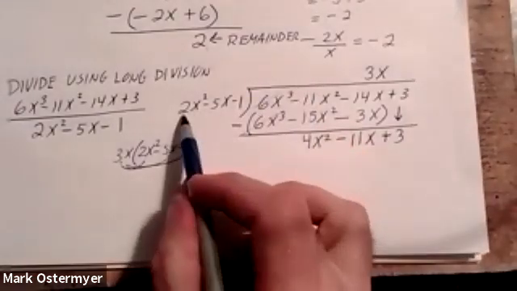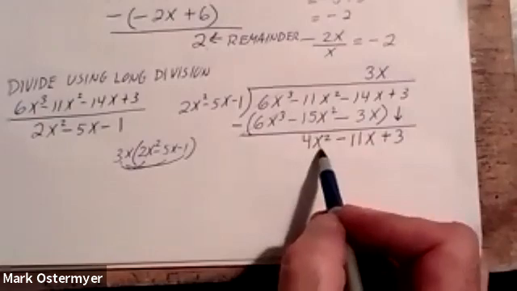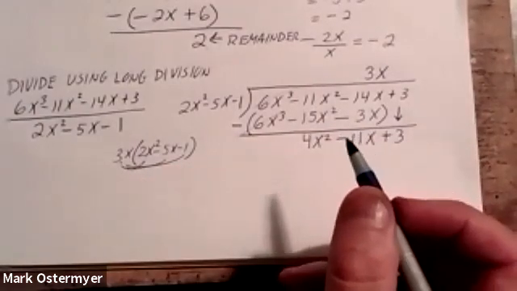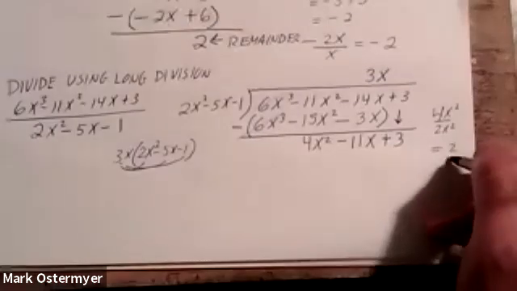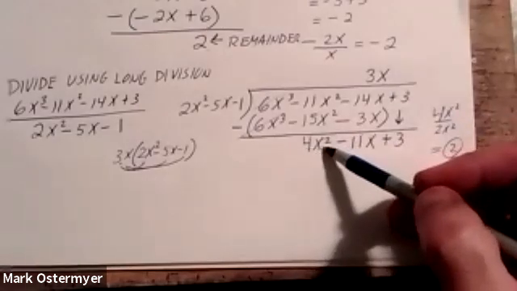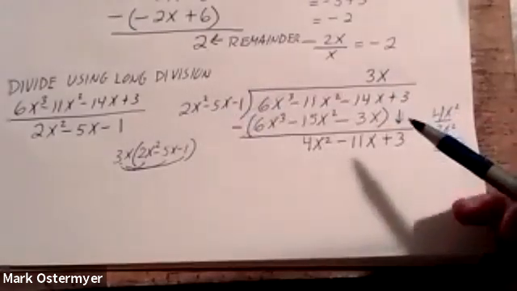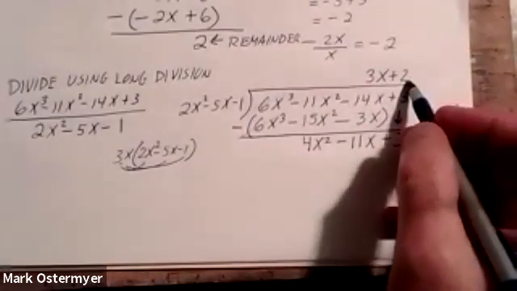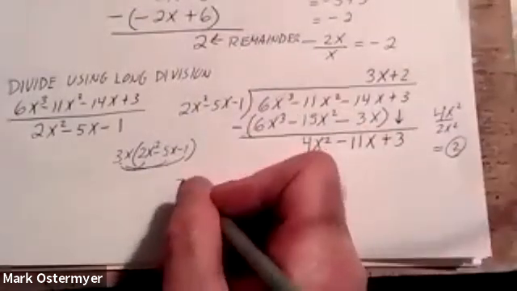We have another round of division to do now. We ask ourselves, how many times is 2x squared divided into 4x squared? What do you think? Just 2. 4x squared divided by 2x squared is just 2. 2 gets multiplied by our divisor.